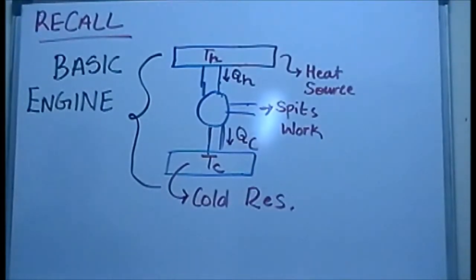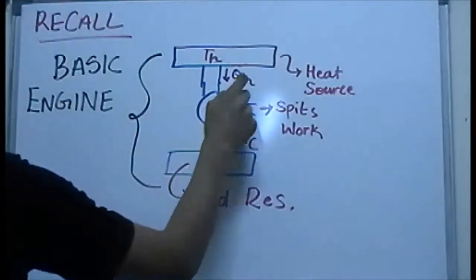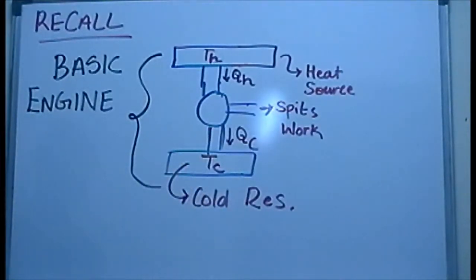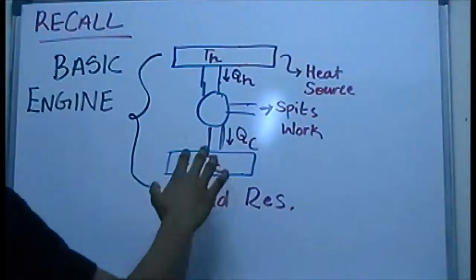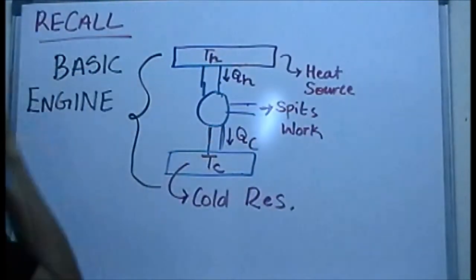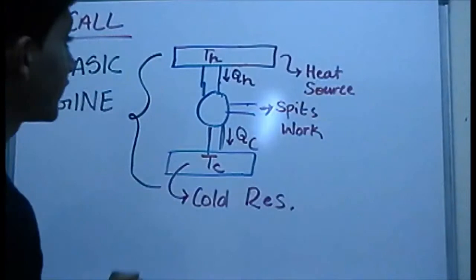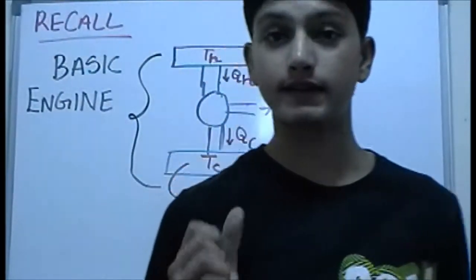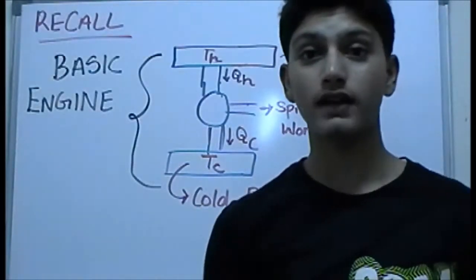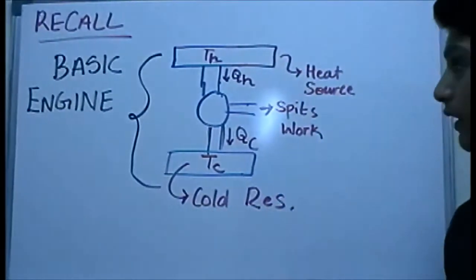Okay, basic engine. You see that you have heat coming out from a source, and out of the difference is the work that the engine does, which is being represented by a quotation mark that I will tell you about. I want you to write these things down as I write on the board.